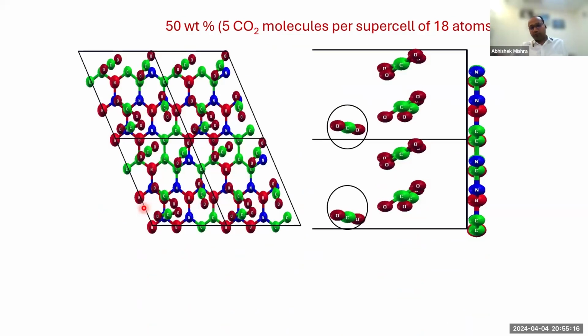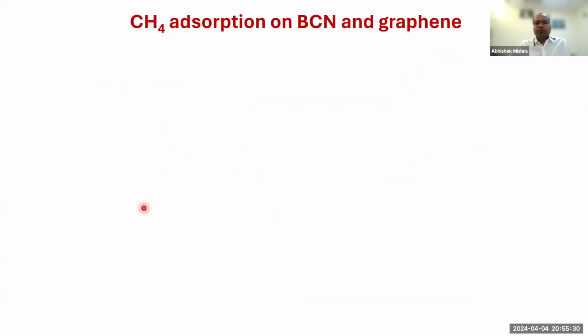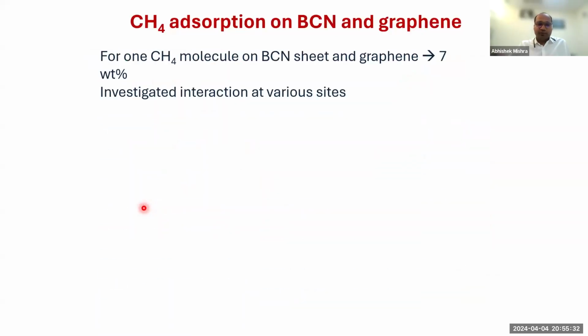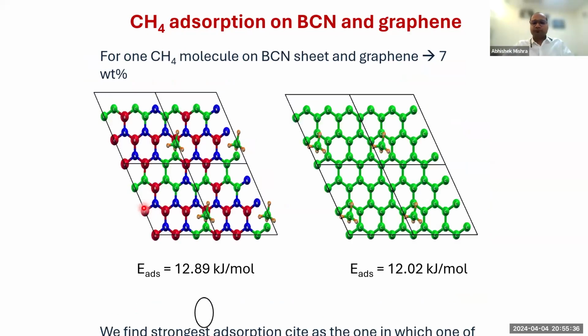Once you have more and more molecules, you see repulsion. We repeated the calculation by increasing the supercell size as well, and we found the same weight percentage. Similarly, I will be skipping this methane interaction.